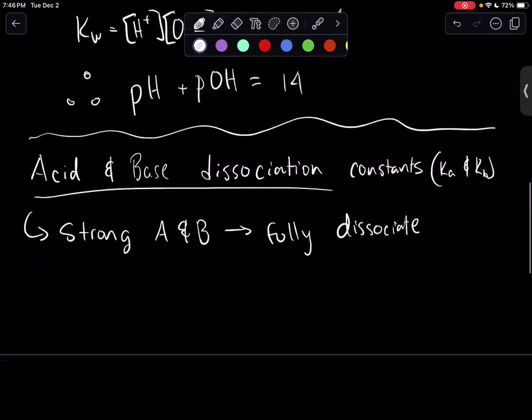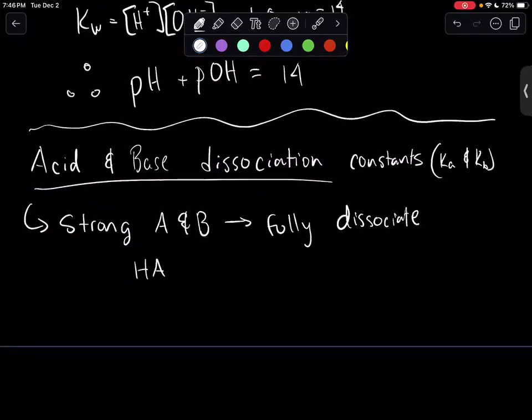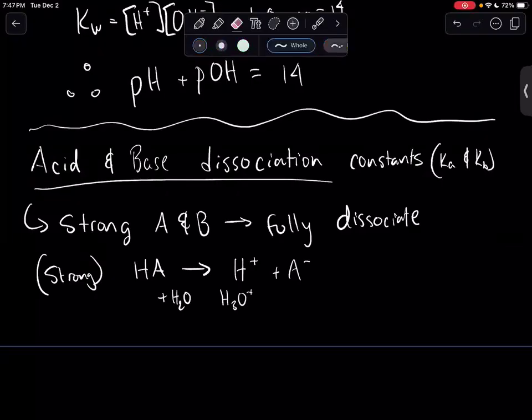If we look at a strong acid, maybe HA, so this is strong, we know it will dissociate into H plus plus A minus, or if we're doing a water equation, it'll be H3O plus, and that's if we're adding water into this. Then we get that separate equation. But we know they fully dissociate. I use a regular arrow for any chemical reaction to represent that.